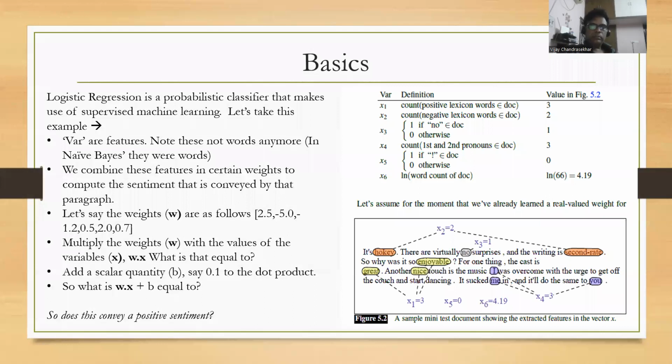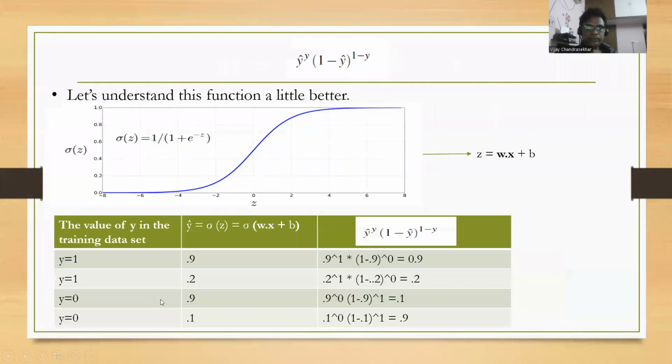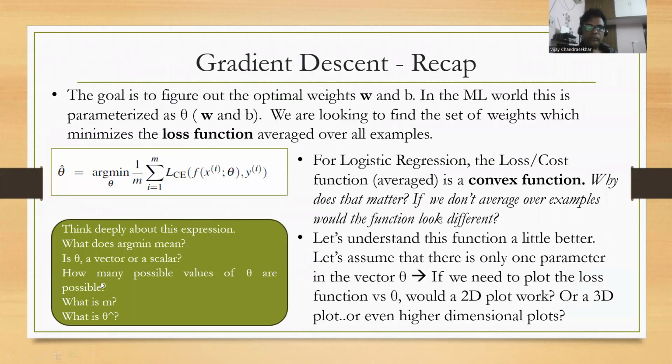For W, it's 6. If we include B, it is 7. We also include B because we're also going to estimate B, correct? So 7, exactly. Why? Because I have W1, W2, W3, W4, W5, W6, and then B. So theta is a vector comprising 7 scalars, okay?